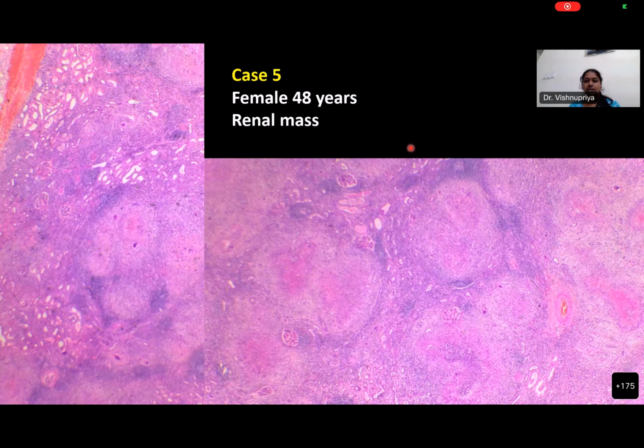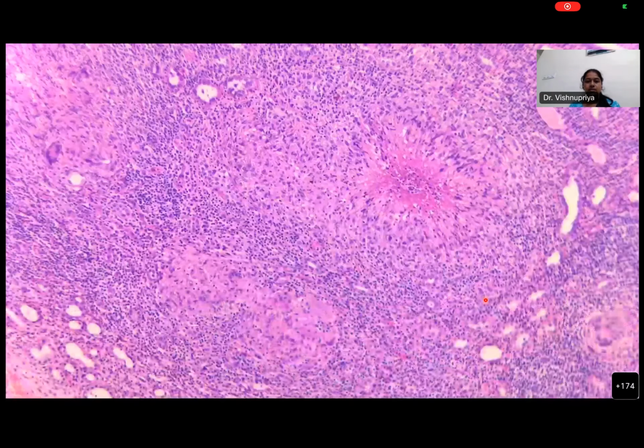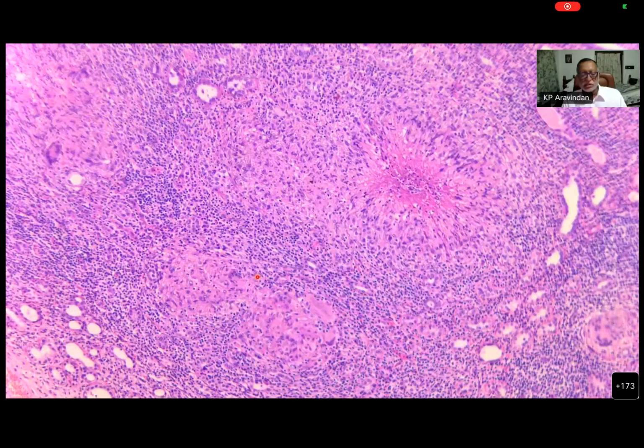Would you be satisfied just calling it inflammatory cell infiltrate, or are they more organized? They're very organized, aren't they? They are just collections, groups of cells like this. Okay, let's see under higher power. So here it is.